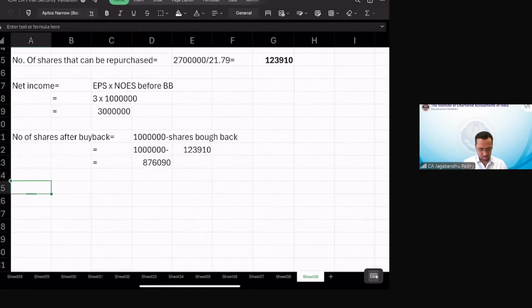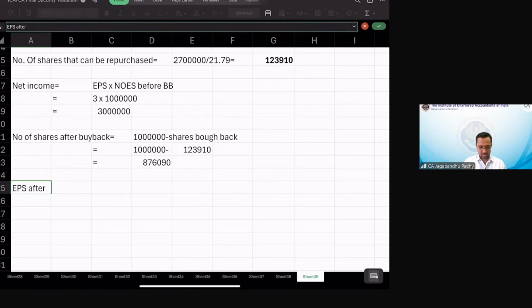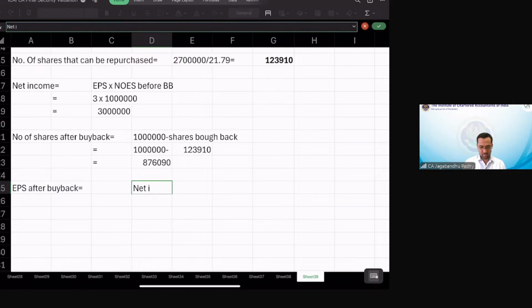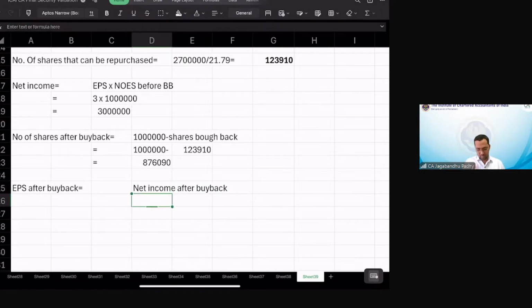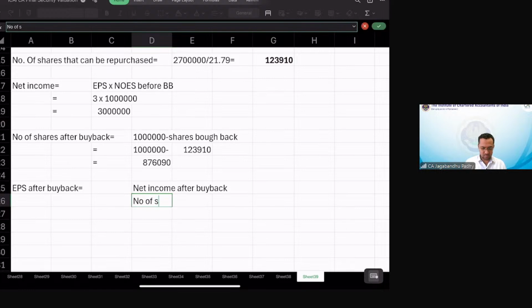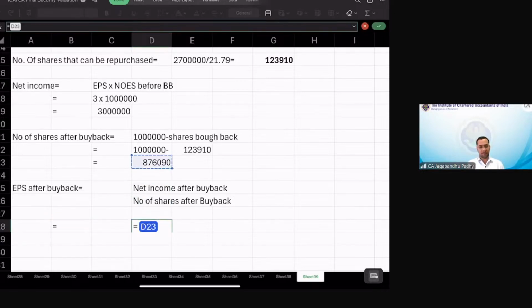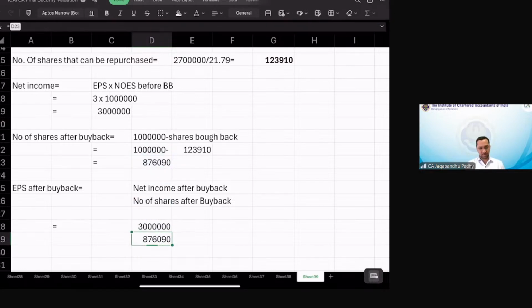Now, EPS after buyback will be net income after buyback divided by the number of shares after buyback, which is simply the net income, a constant number, divided by the number of shares after buyback.